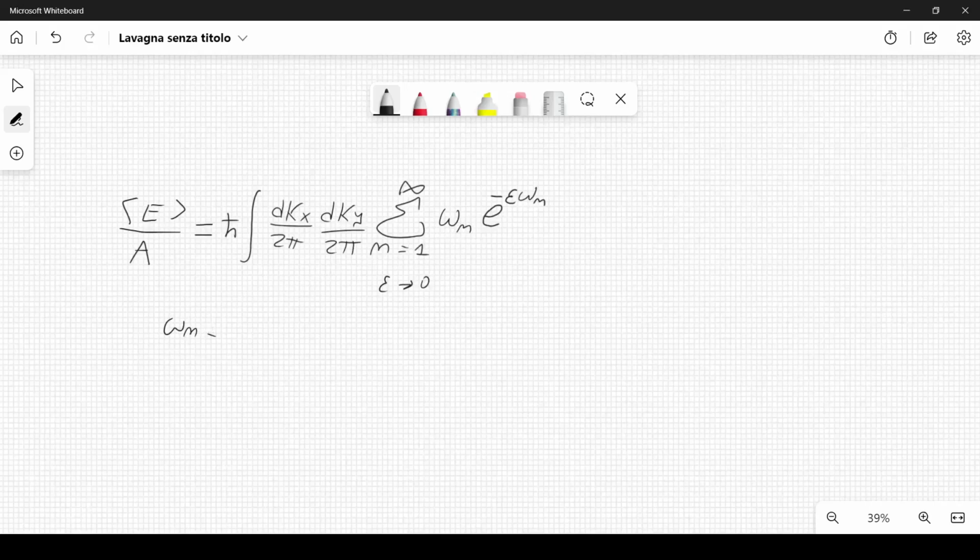And omega n, remember, is equal to c square root of kx squared plus ky squared plus n squared pi squared divided by a squared. So we can rewrite this expression like this. In particular, I can rewrite the summation here by means of a derivative to get rid of this omega n here.